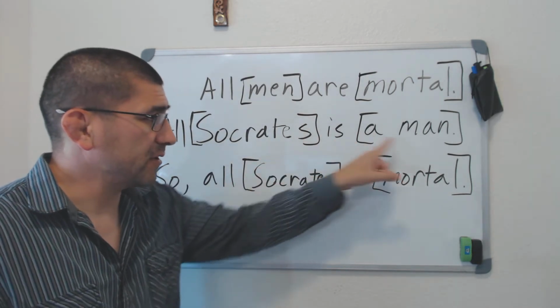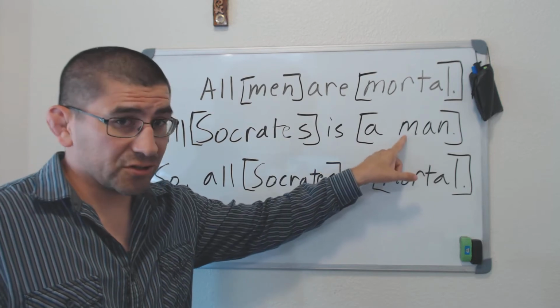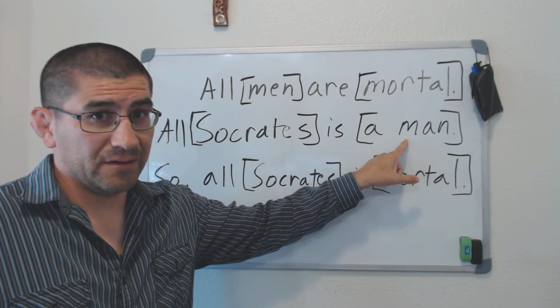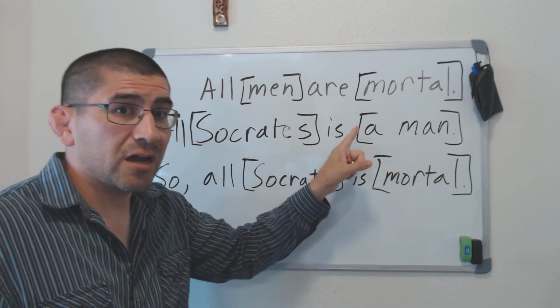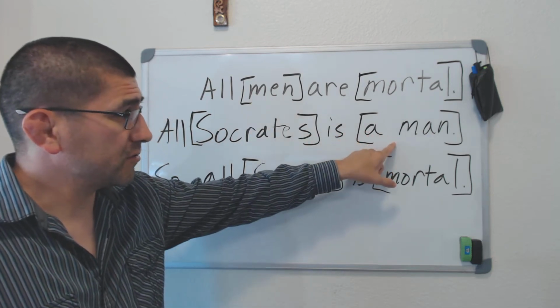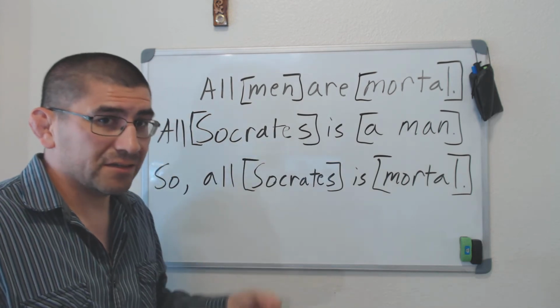If this is the minor premise, you should be able to find what that word is. This other term is going to be the middle term. You need to know that. The middle term occurs two times in the premises, right here and right here, and the middle term is not in the conclusion.